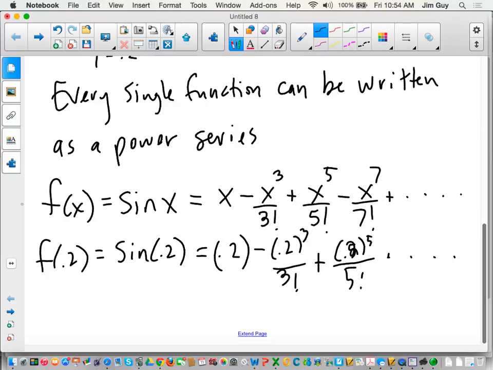Sounds like a lot of work for the calculator. Well, that was the cool thing about when they got computers and calculators: now we can do 1,000,000 terms in a fraction of a second and have a really good approximation. So when you plug sine of 0.2 in your calculator, you don't realize it, but it is giving you an approximation. But it's carrying it up to so many terms so quickly that at some point it really doesn't matter.